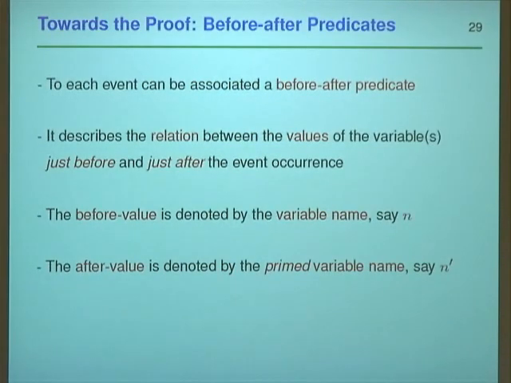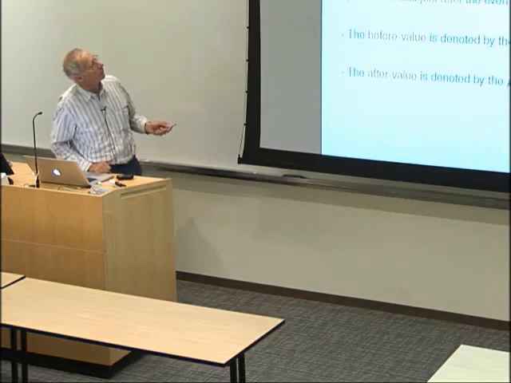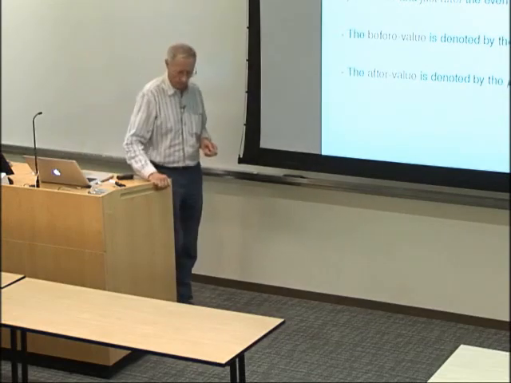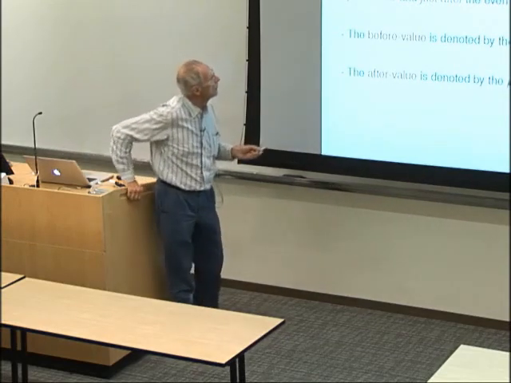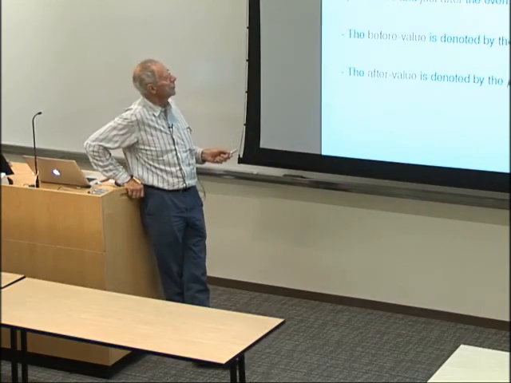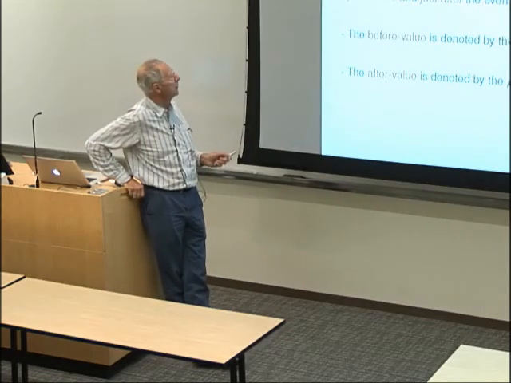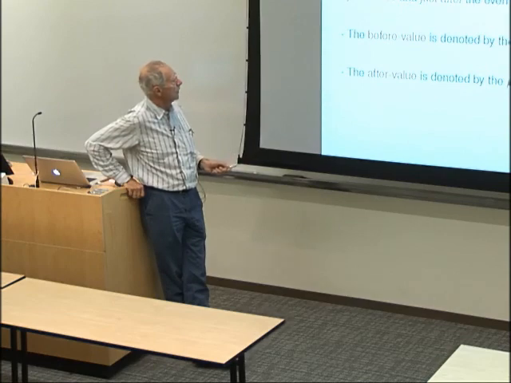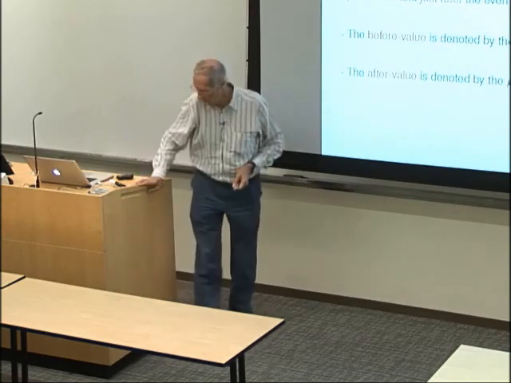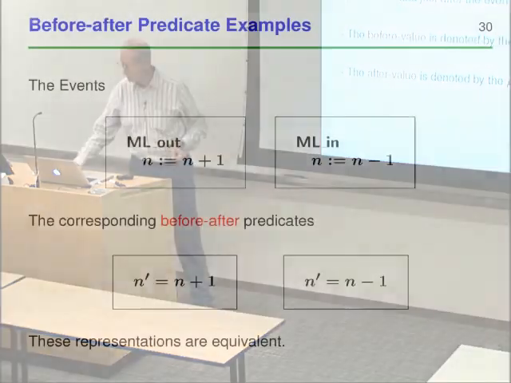So towards the proof, we define, together with the action of each event, a before-after predicate. It describes the relation between the value of the variables just before and just after the event occurrence. The before value is denoted by the variable name, and the after value is denoted by priming the variable name, n prime in our case.